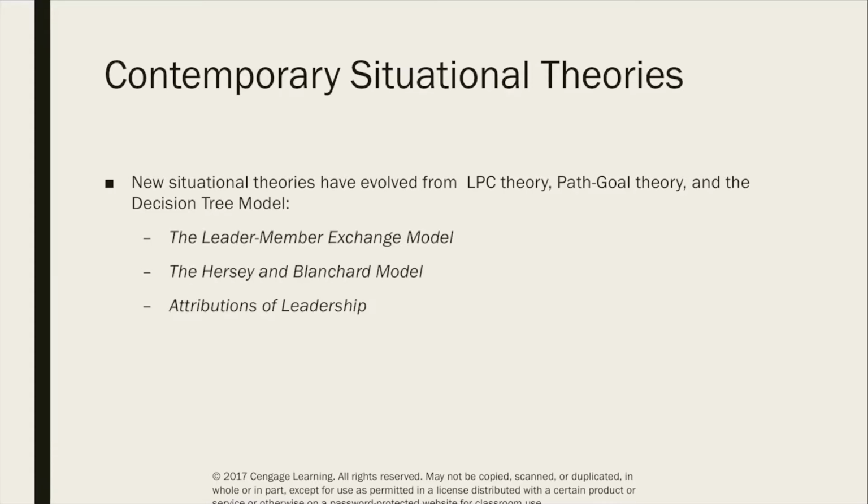We saw LPC theory and path goal theory and the decision tree model, and some of the ways that management and leadership have evolved over the years. We've seen from the leader-oriented type models to where now we're getting towards the follower-oriented type models, which means that we're going from the emphasis on the leader to the emphasis being placed on the follower when it comes to leadership models.